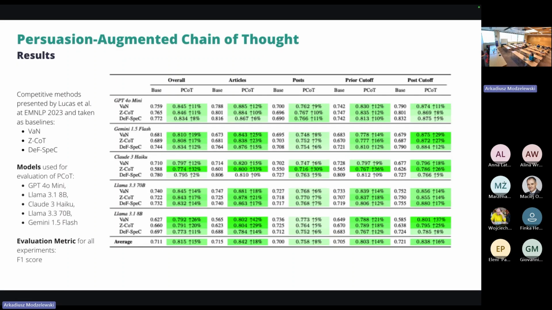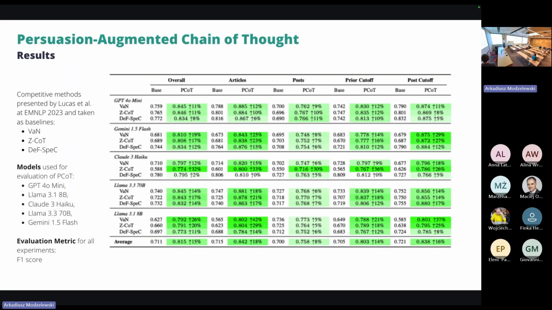Here you can see results, which show that persuasion augmented enhanced reasoning for large language models works in terms of detecting disinformation. And this may be seen as quite simple work, but I think it's the beginning of improving our current large language models in detection of disinformation.